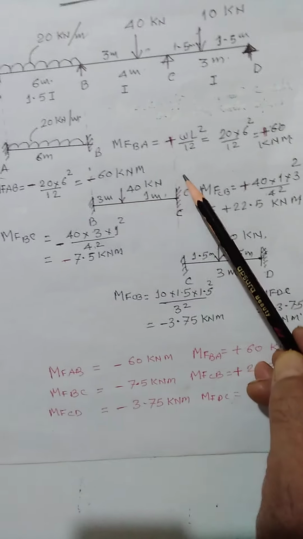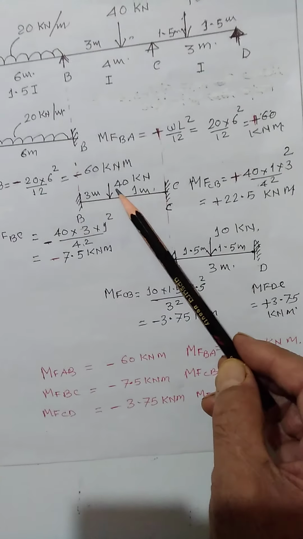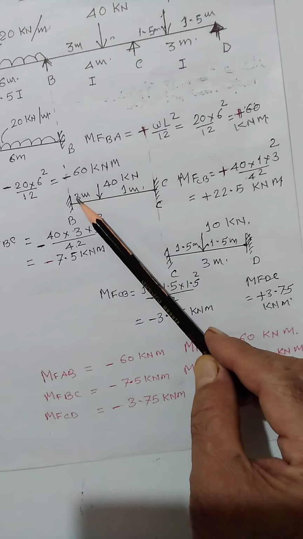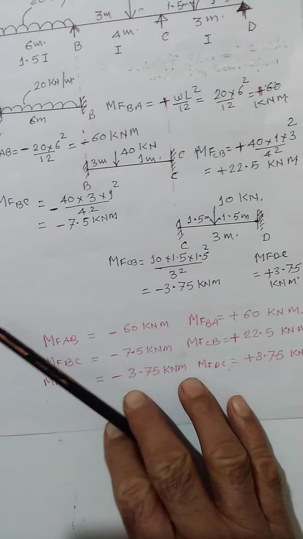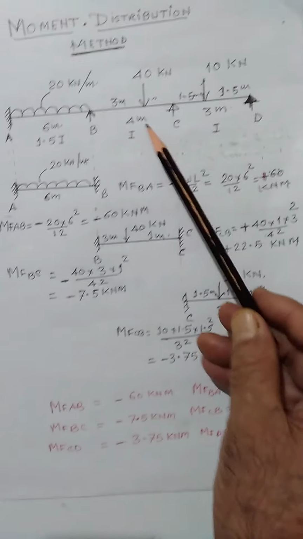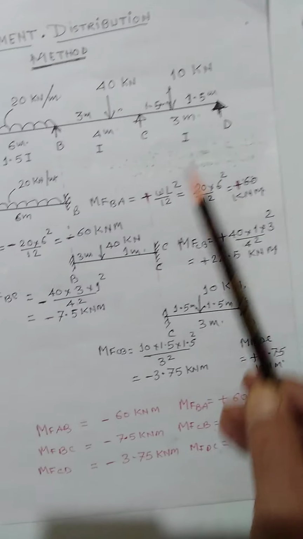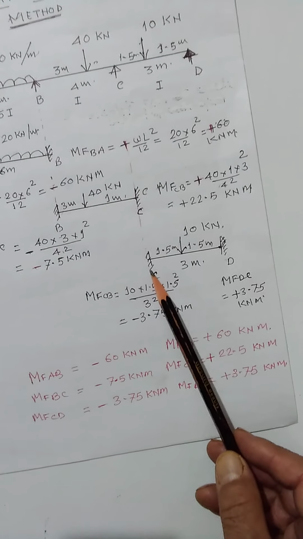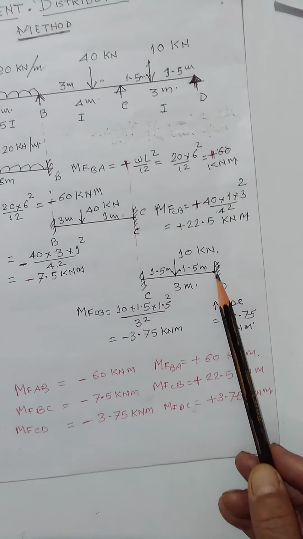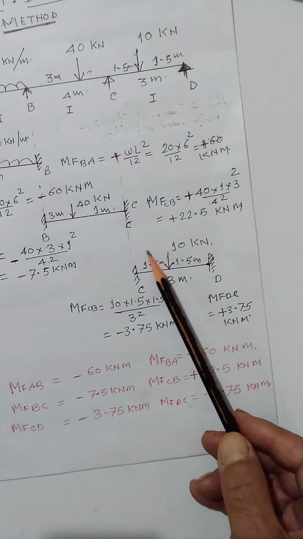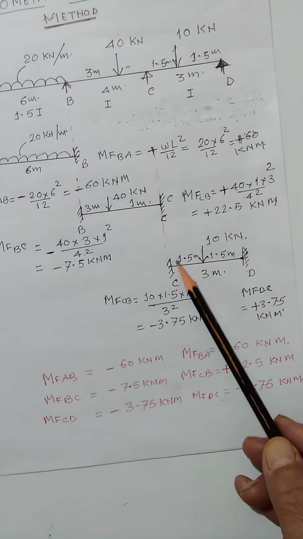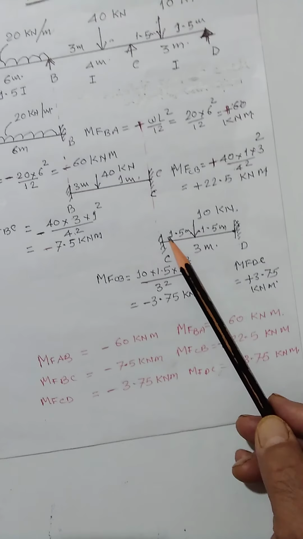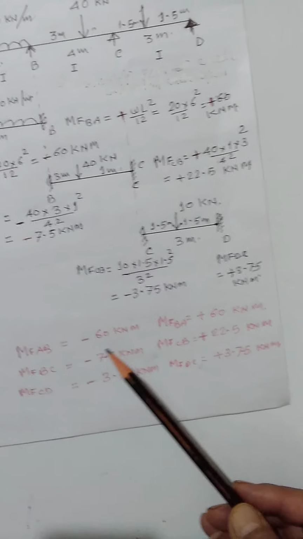This is negative, this is positive. Similarly, CD is also taken separately like this, and we find the fixed moments for C and D, W a b square upon L square.